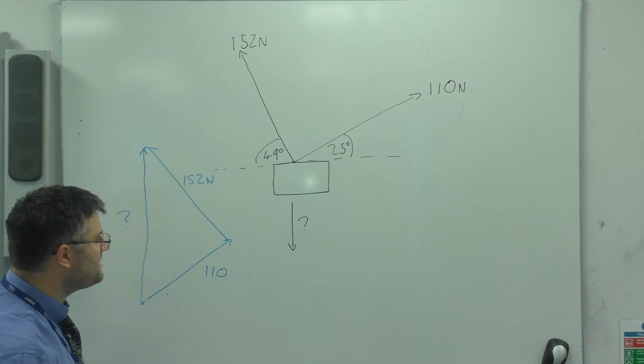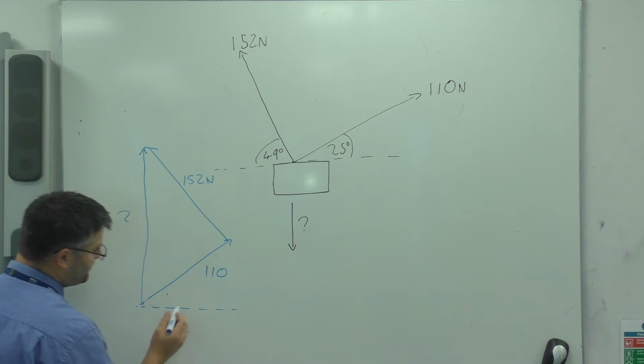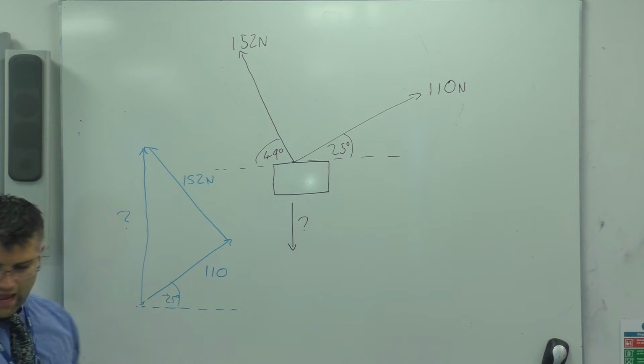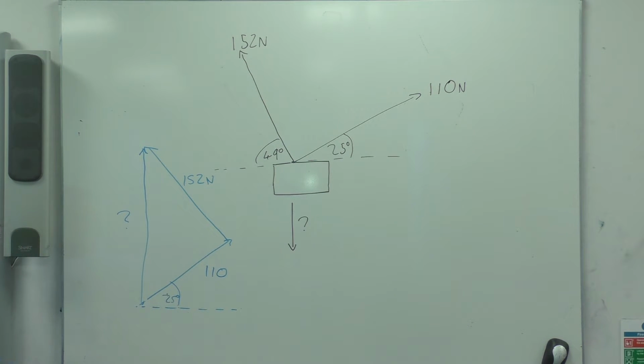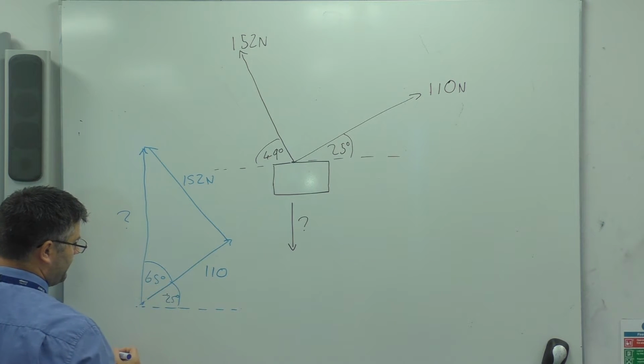So what else can we tell about this vector triangle? Well, we know that the angle from the horizontal of this vector is 25 degrees, and this is a right angle here, so 90 minus 25 gives 65 degrees.